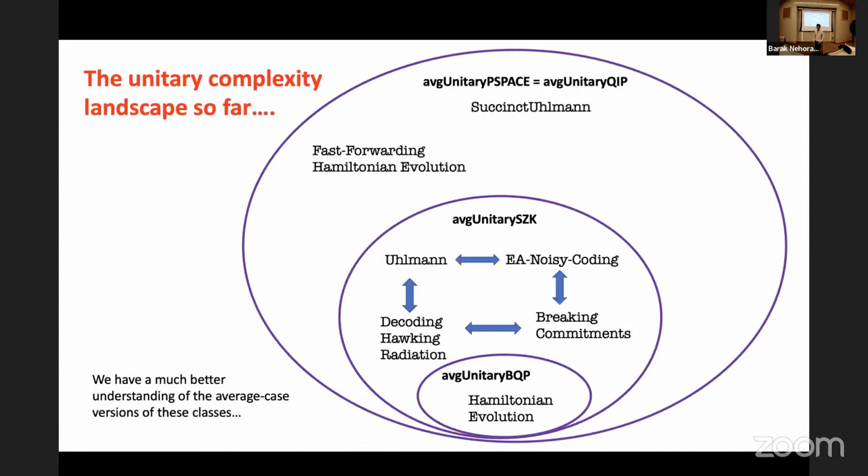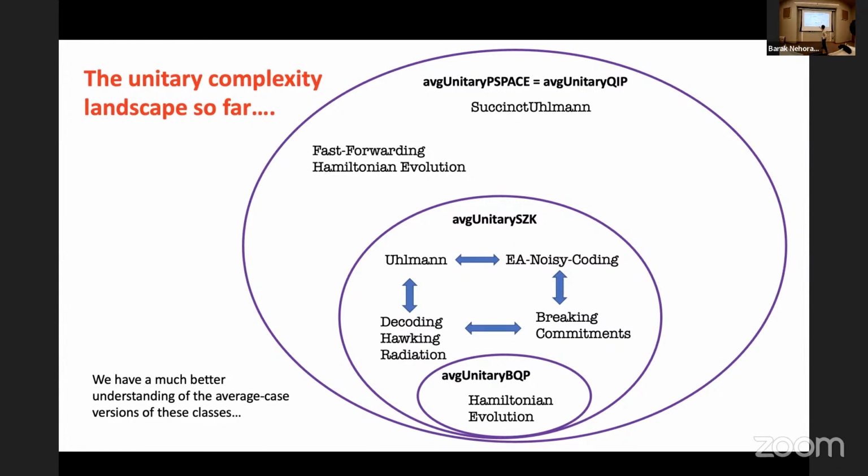So here's what the unitary complexity landscape looks like so far. There are not so many things in it because we're just starting to define these things. But we have unitary BQP, unitary SZK, unitary PSPACE, and we can populate these unitary complexity classes with some interesting natural problems.